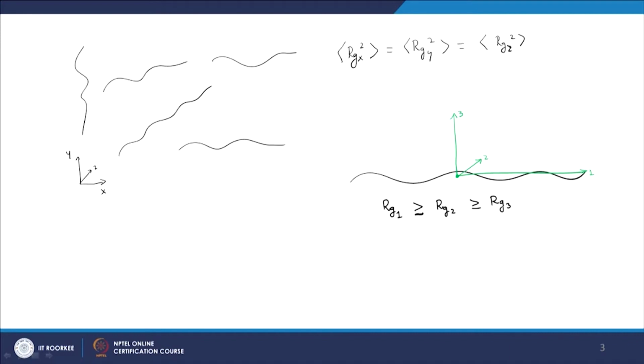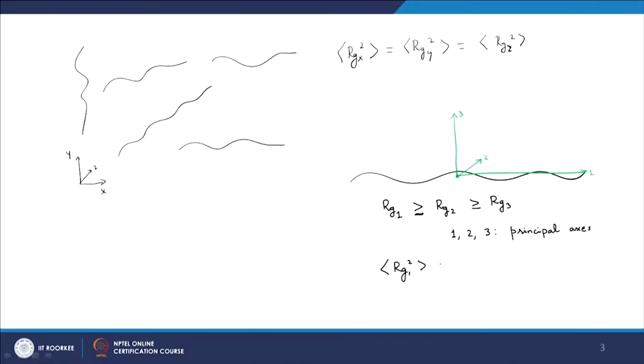If I am doing this in this particular way, 1, 2, 3 are referred to as the principal axes, and the principal axes are also named major and minor axes. This coordinate frame will move as the chain takes different orientations. So, 1 is always along the most elongated dimension.